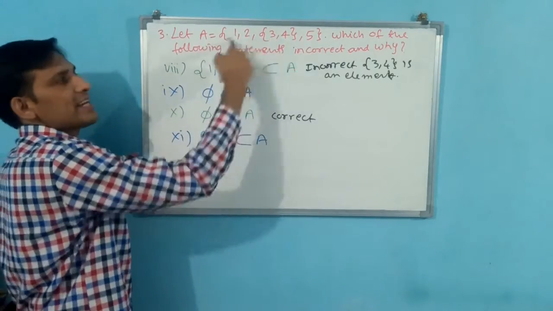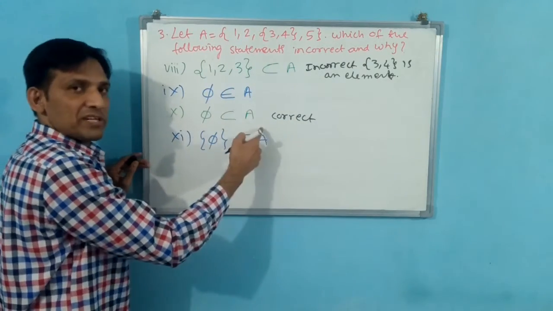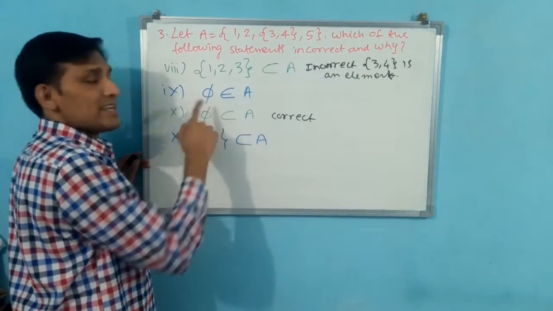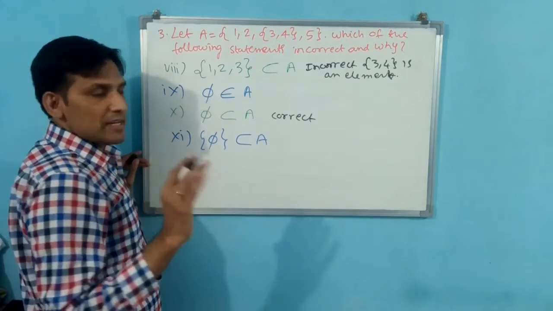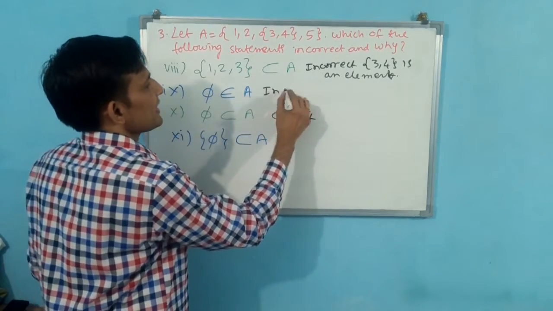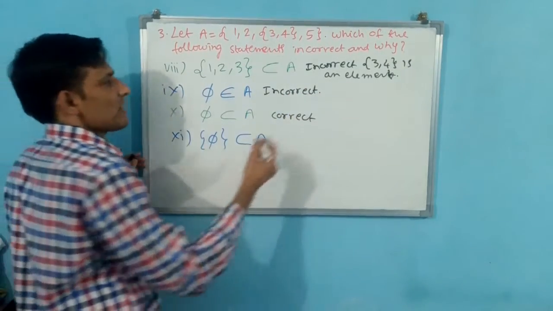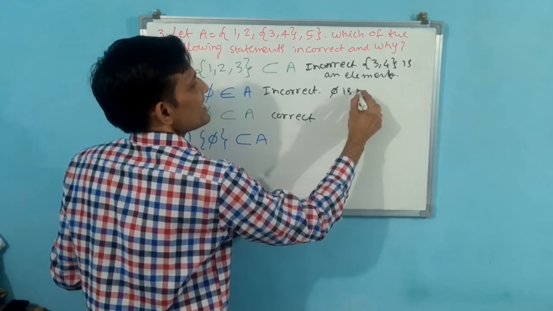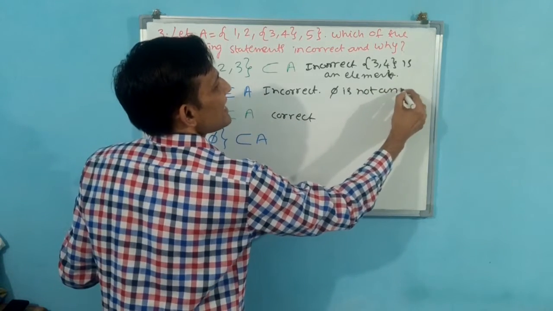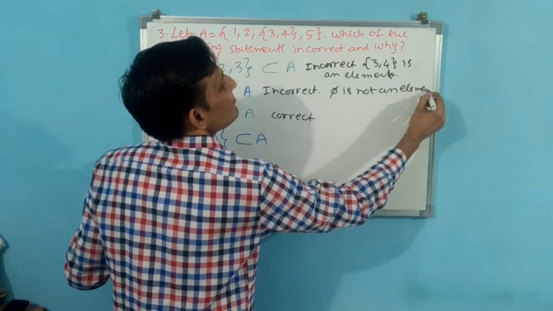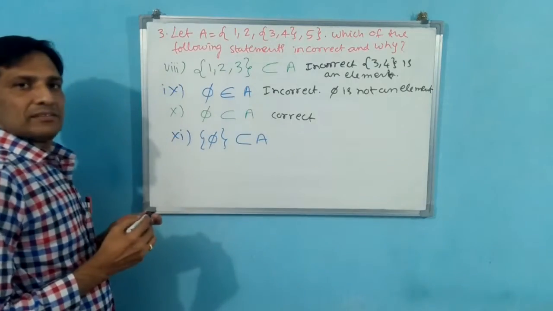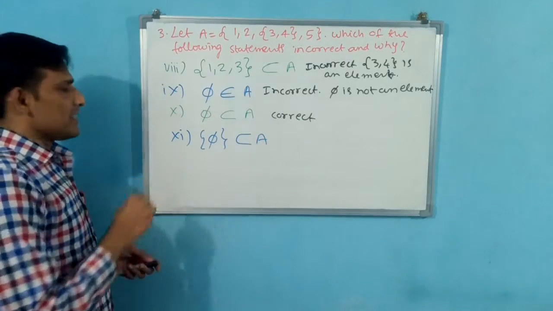If 5 is not there inside, then 5 is a subset, not belongs to. 5 is not an element. The empty set is not an element. This is incorrect. Now why? 5 is not an element. That's all.